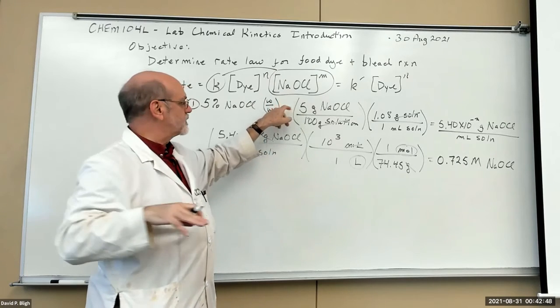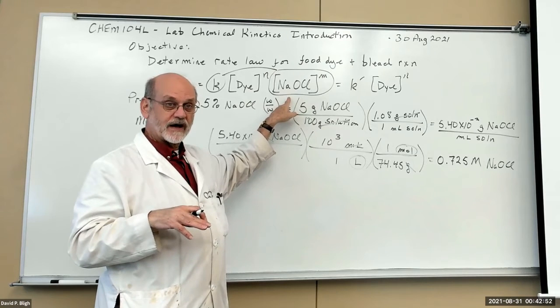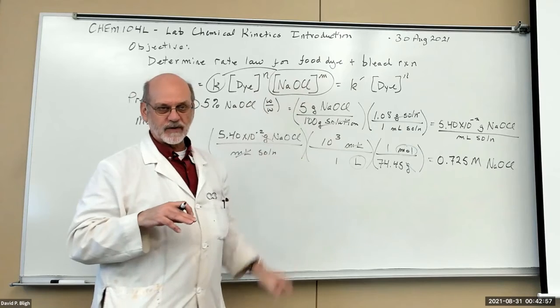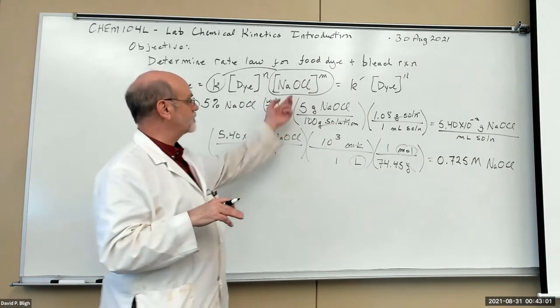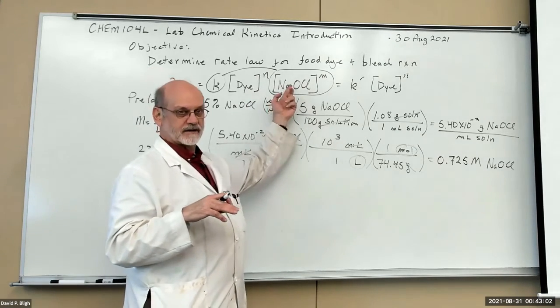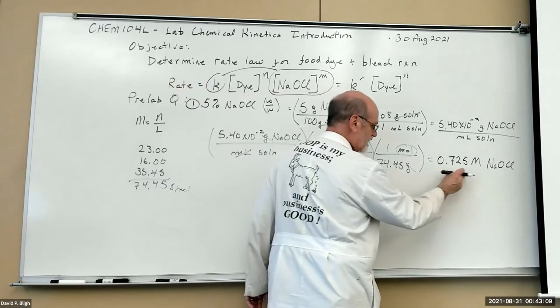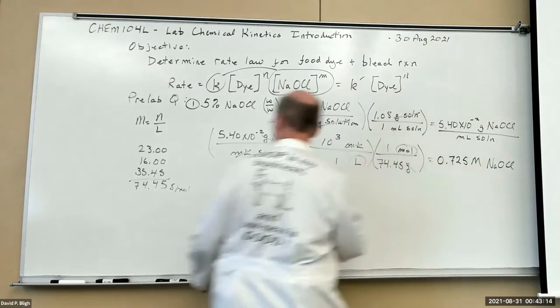What you need is something that has the same ionic strength as sodium hypochlorite, but without the activity of sodium hypochlorite. So sodium chloride is a good choice. It has no oxygen in it to cause the discoloration of the dye. So you want something with the equal molar concentration. This is what we're looking for.